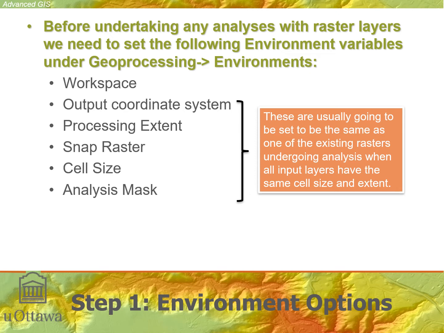So before undertaking any analyses, the key raster environment settings are the following: workspace, output coordinate system, processing extent, snap raster, cell size, and analysis mask. And the majority of the time, these will be set to one of your layers that you're working with.